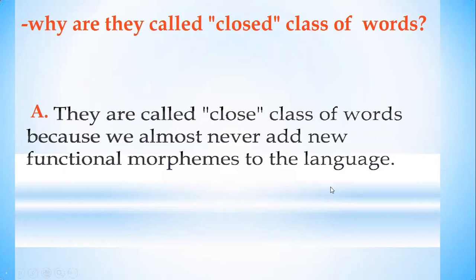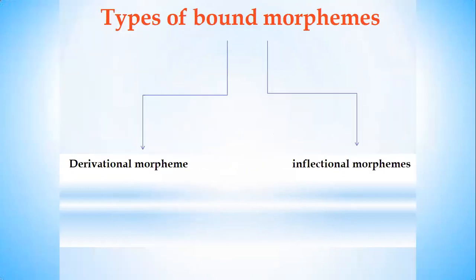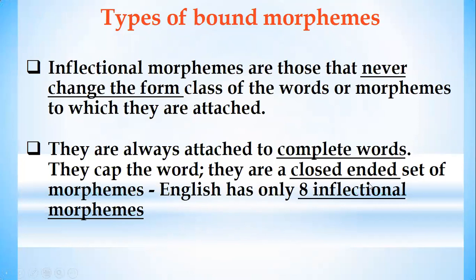Now let's go to the next page. We have the types of bound morphemes. Under this are the derivational morphemes and the inflectional morphemes. Inflectional morphemes are those that never change the form class of the words or morphemes to which they are attached.